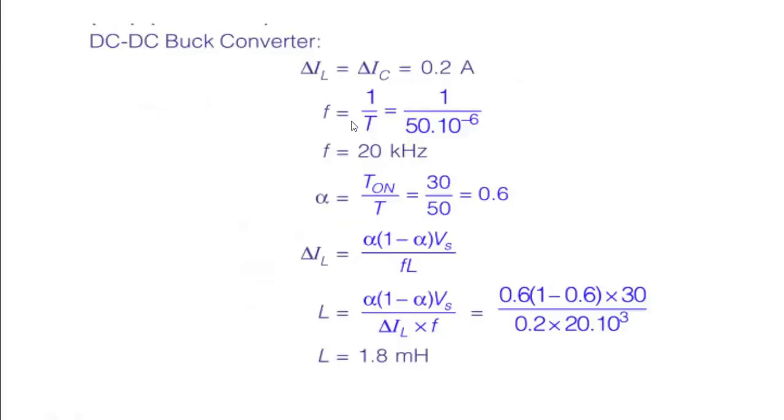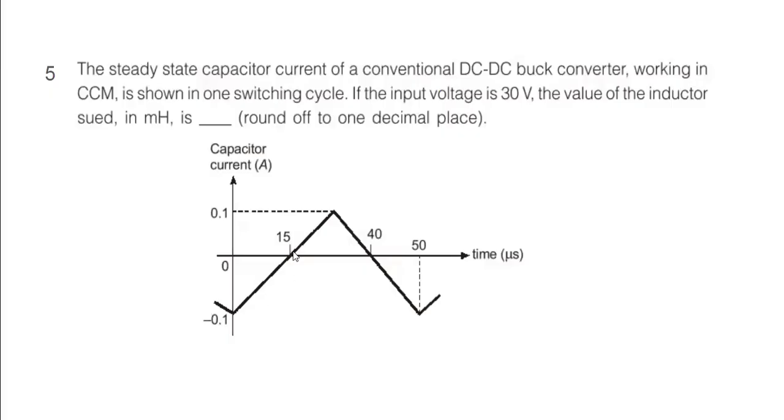And the frequency can be taken as 1 divided by the time period. The time period of the waveform is 50; this is for one cycle. That is from 0 to 50, which is 50 microsecond. The current varies from minus 0.1 towards 0.1, and again reaches minus 0.1.